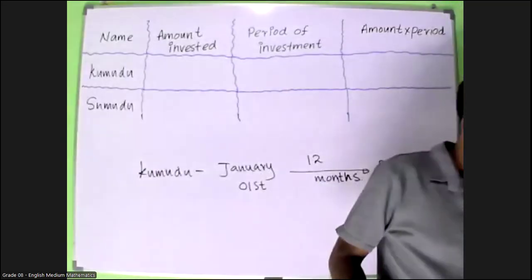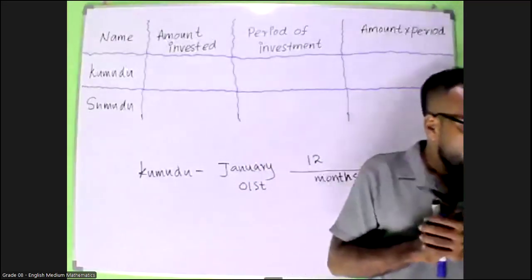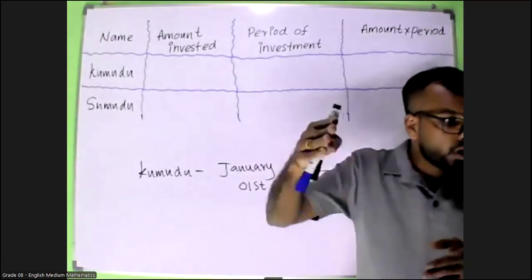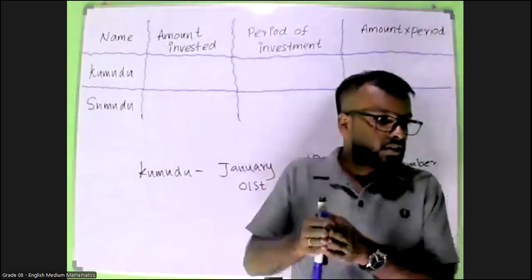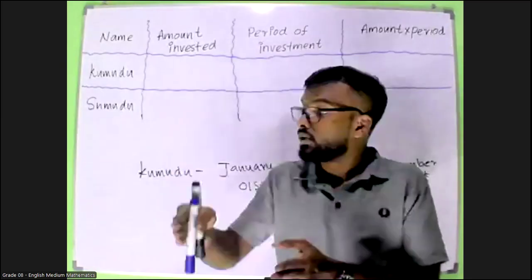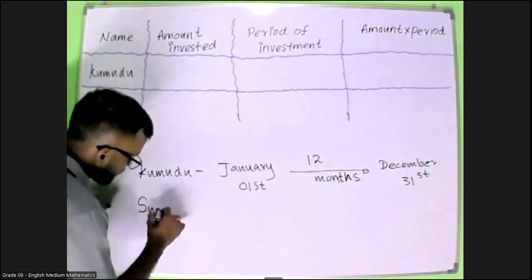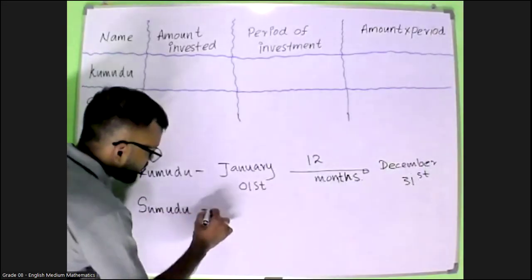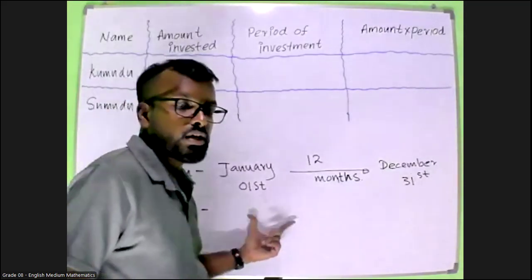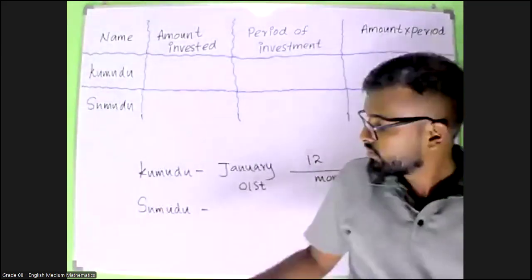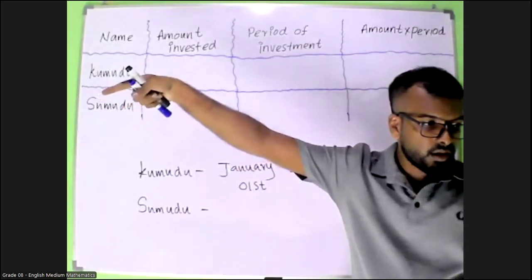Now, if you see a question like this, you have to follow this way. And Sumudu joined the business by investing 30,000 rupees 2 months later. Then please tell me, what is the month that Sumudu is joining? 2 months later: January, February, then March.